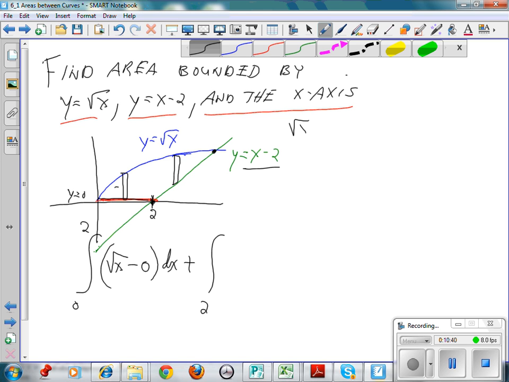We say, when's the square root of x equal to x minus 2? Let's square both sides.